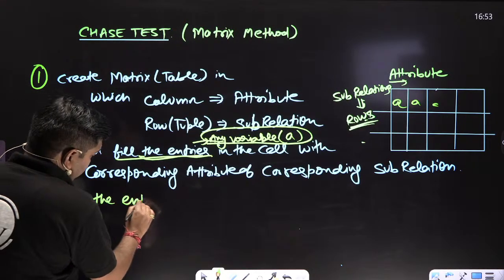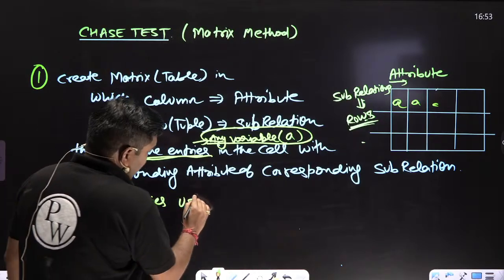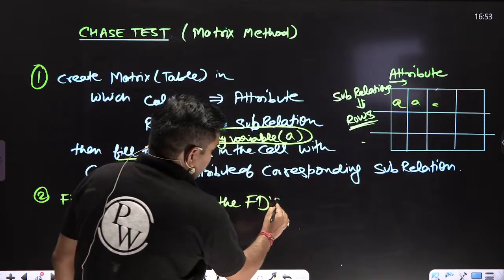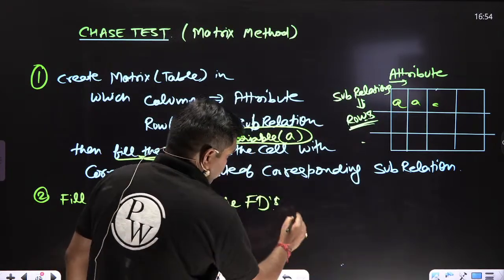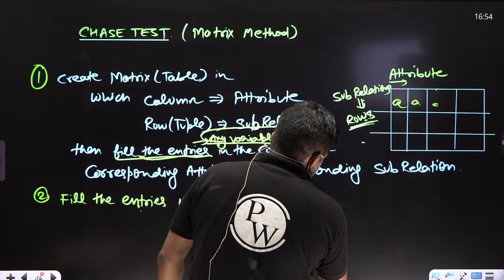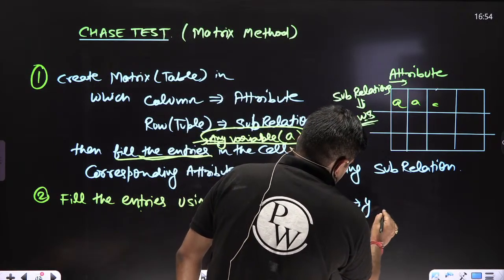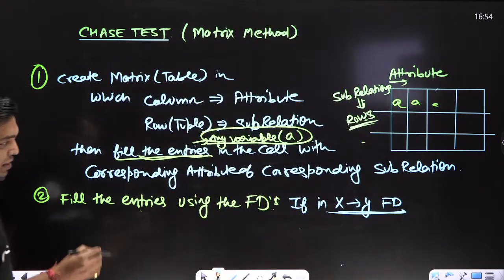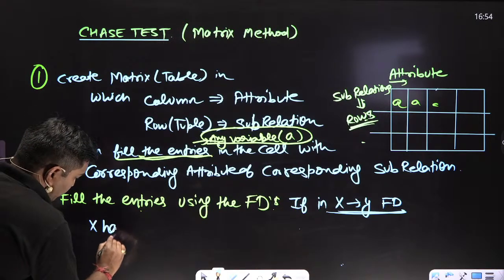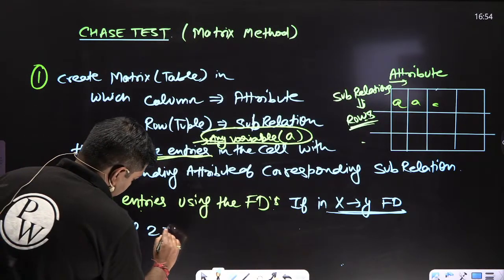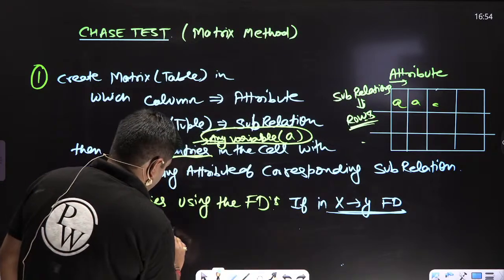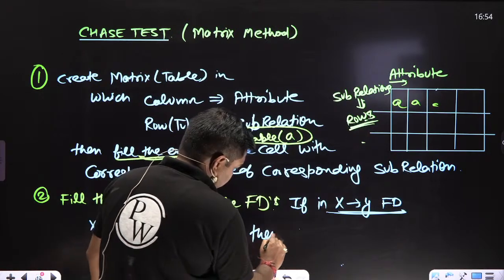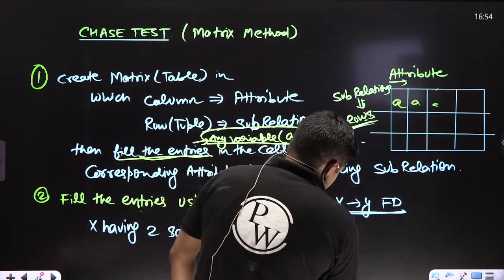Fill the entries using the FDs. And how do we fill? If in an FD X tends to Y, X has two same values, then fill the Y values.